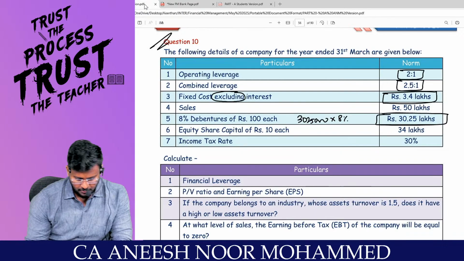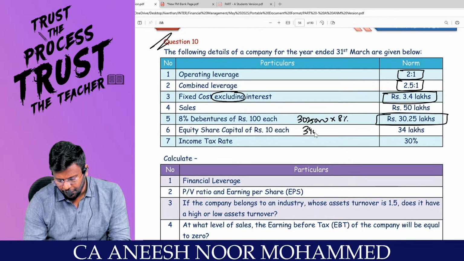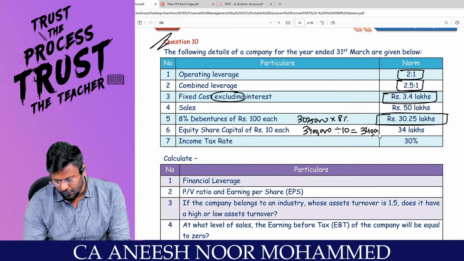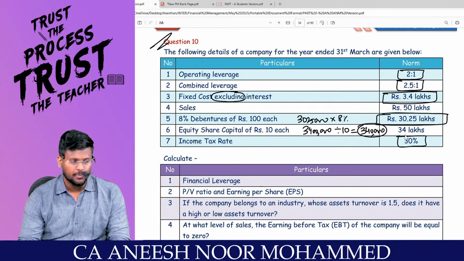Equity share capital is 34 lakh, so 34 lakh divided by 10 comes to 3,40,000 shares. Income tax rate is 30%.